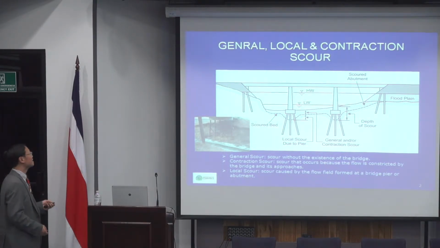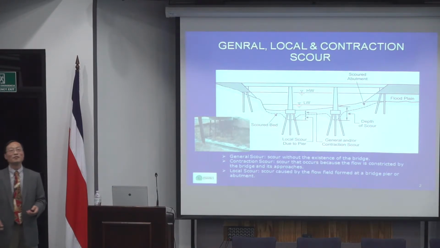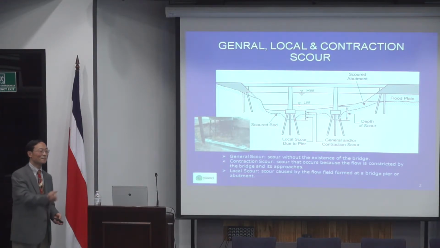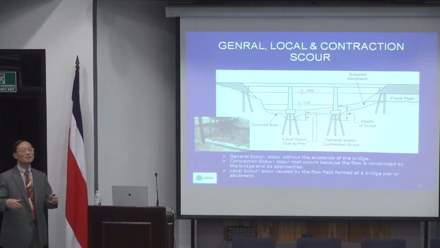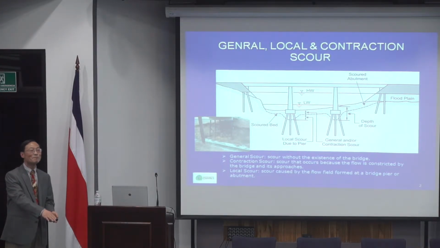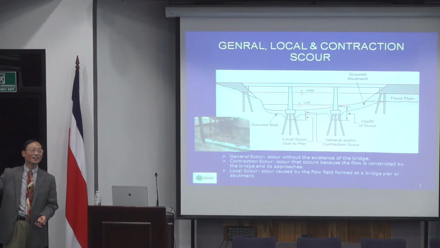So normally, when we consider scour, there are 3 components. One is what we call general scour. General scour is, even without the bridge, you may have scour. In other words, if you have a river, the water may come, and in some areas you may have accumulation of sediment. In other words, your riverbed will get higher and higher.